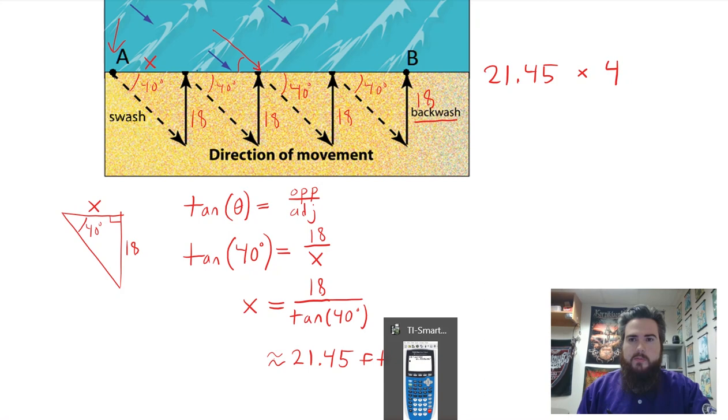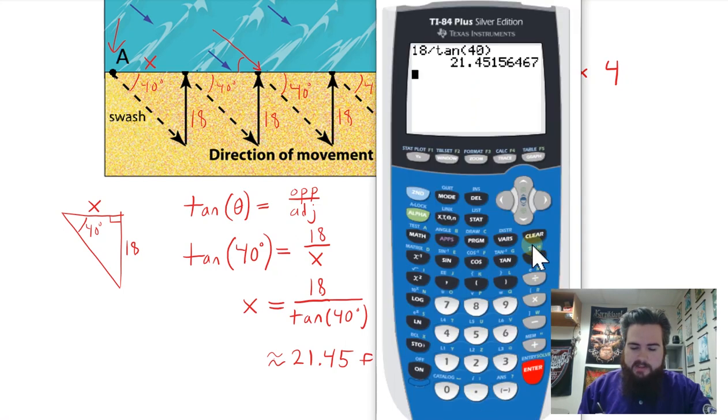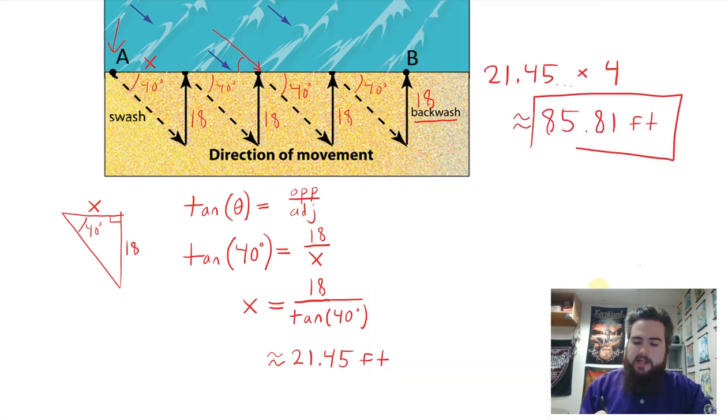Or I'll use the more correct value of 21.45 with the remaining digits after that. So 21.45156. I'll multiply that whole thing by 4. If I round this to the nearest hundredth of a foot, I have that this particle has moved 85.81 feet. And that would be my final answer to this problem.